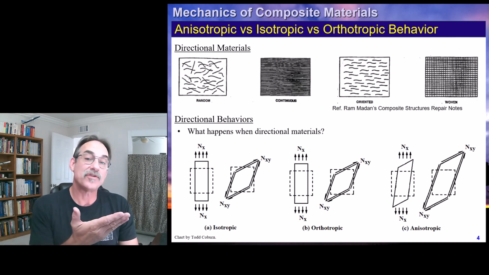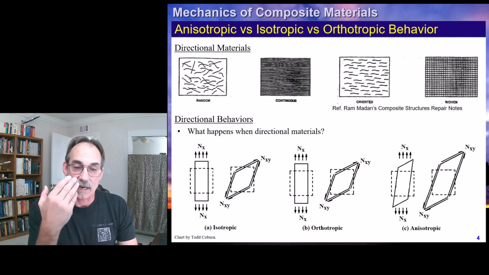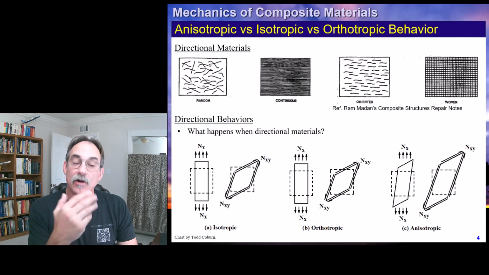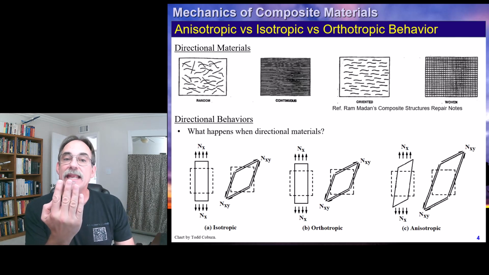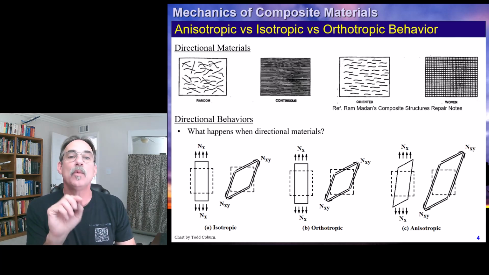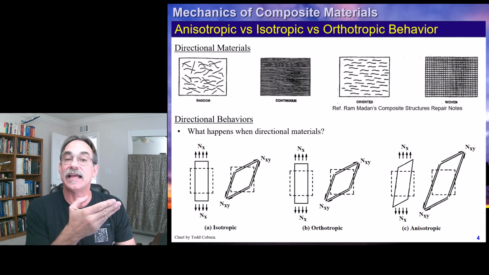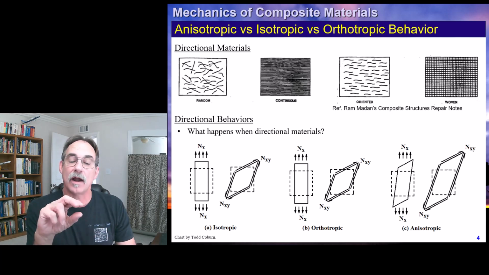Now, if we have an orthotropic material, that's one where we have three mutually perpendicular directions of material properties, then if we load it in its principal directions, it will look like it's behaving like an isotropic material, where axial load gives axial and transverse deflections.